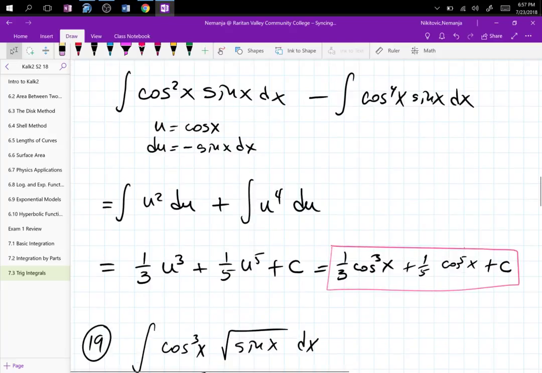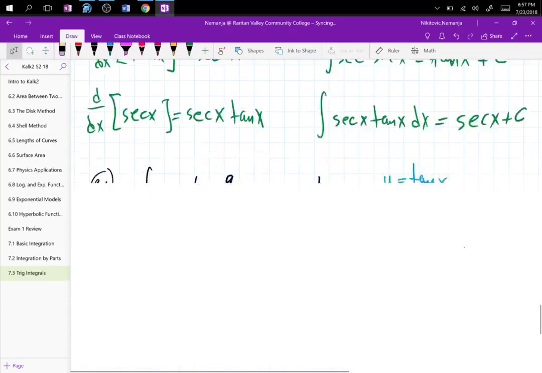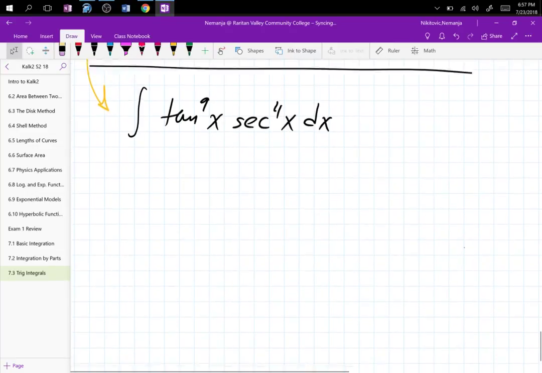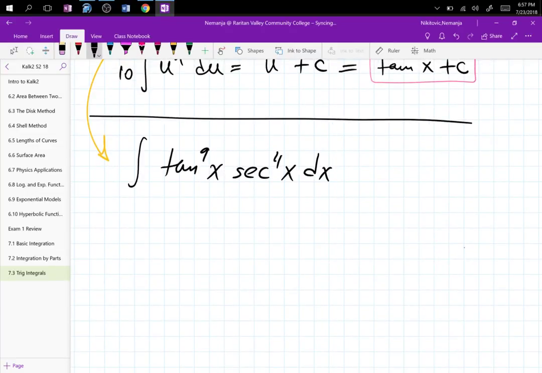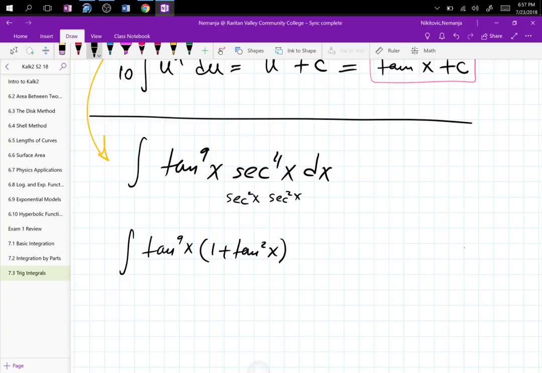So now, break the secant to the 4th into secant squared x, secant squared x. When you break those, now it's the integral of tangent to the 9 x times 1 plus tangent squared x, secant squared x dx.